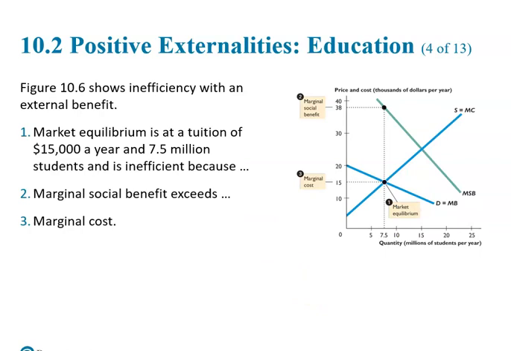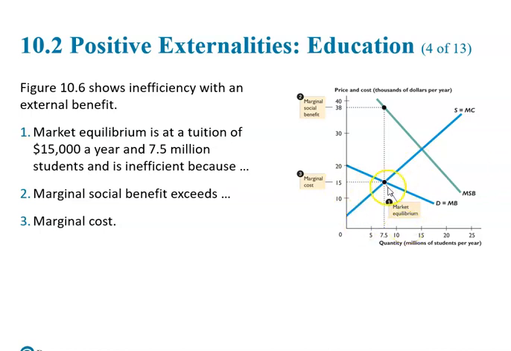So the inefficiency which is causing this underproduction is because when the students who are getting education are looking at the benefit which will arise, they are actually looking at the intersection point of the marginal private benefit and the marginal cost curve, and that intersection point should basically say that 7.5 million students should be getting an education at a price of $15,000 per year.